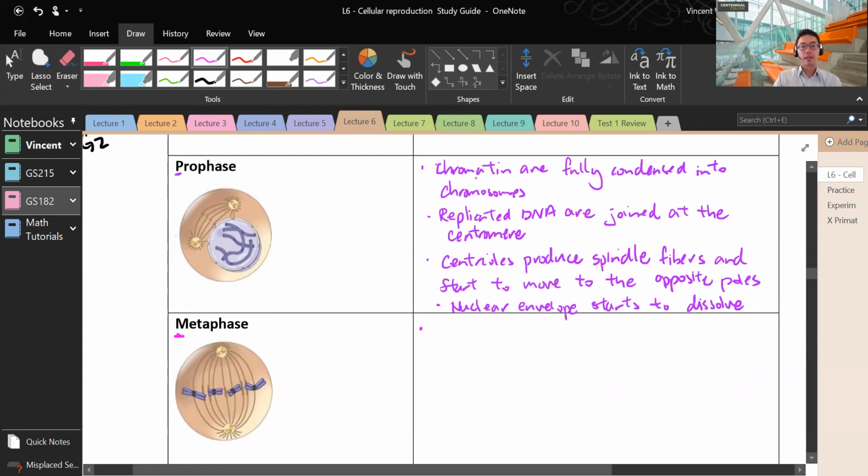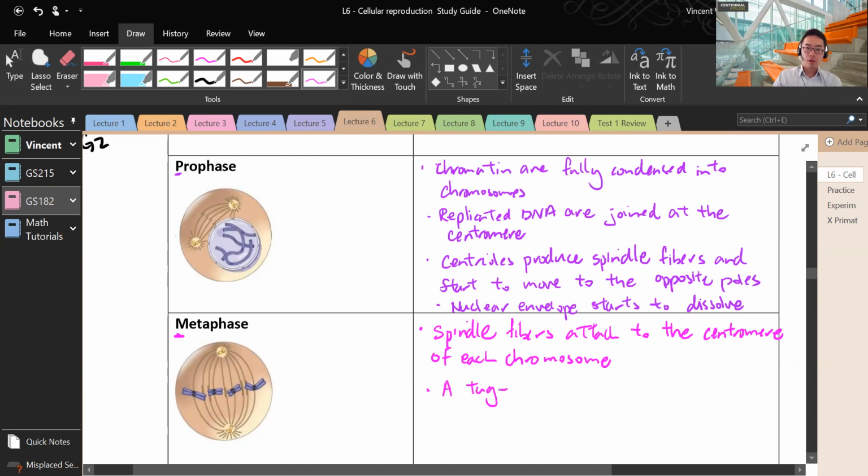Okay. So in the metaphase, spindle fibers attach to the centromere of each chromosome. Okay.